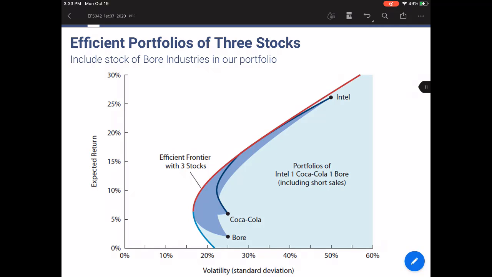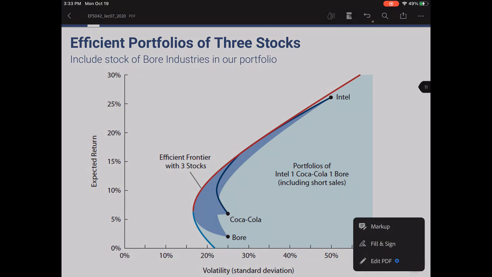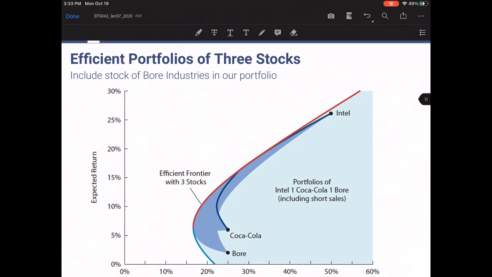So let me give you an example. Let's take one specific expected return of 10%. So let me draw just a horizontal line at the 10%. And you'll see that if we only considered Intel and Coca-Cola, it would require a much higher volatility than if we decide to include Bohr into our portfolio in addition to Coca-Cola and Intel, because the risk is lower.